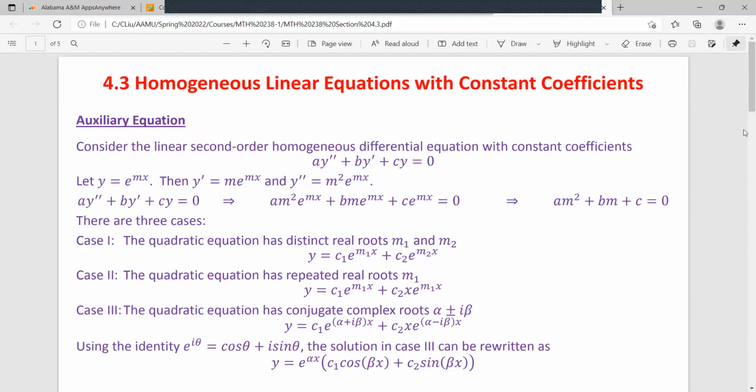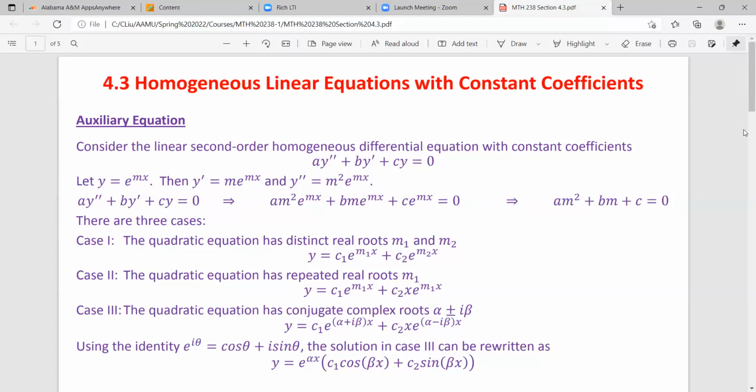In this section, we're going to discuss how to solve homogeneous linear equations with constant coefficients. We're going to discuss the whole process of solving a homogeneous linear equation with constant coefficients.